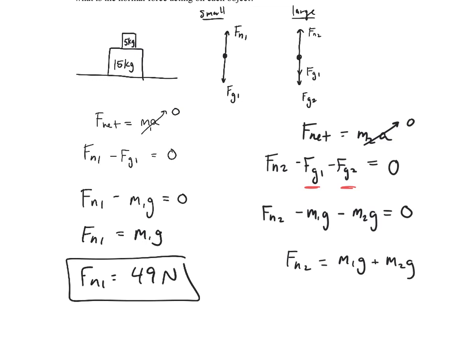Can somebody make a statement in their own words that illustrates this last line of the equation? What could that statement be, Christina? The normal force on the other object is equal to or balanced with the weight of gravity pushing down on the object. Good.